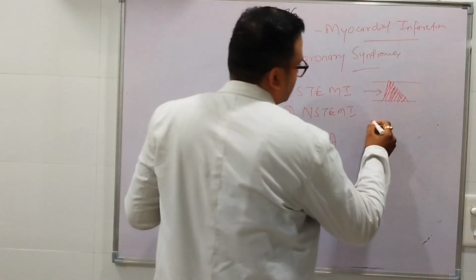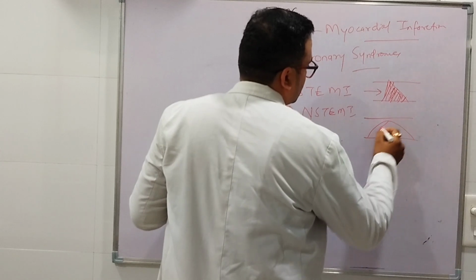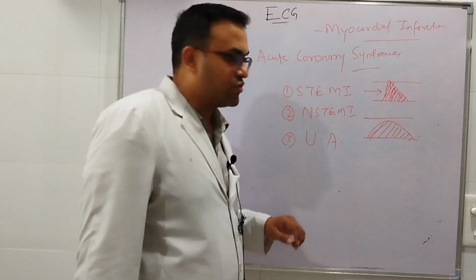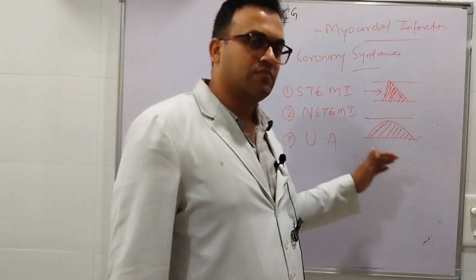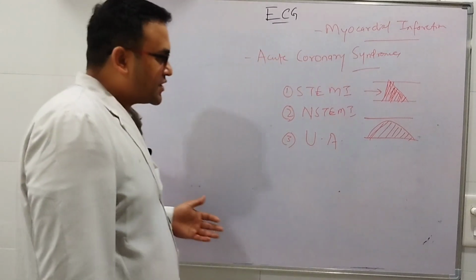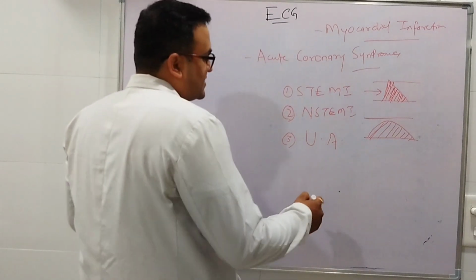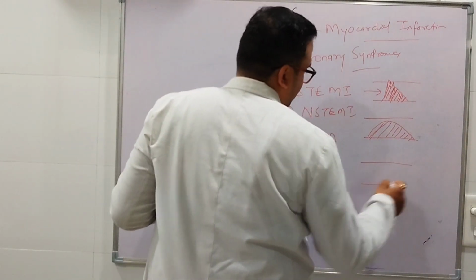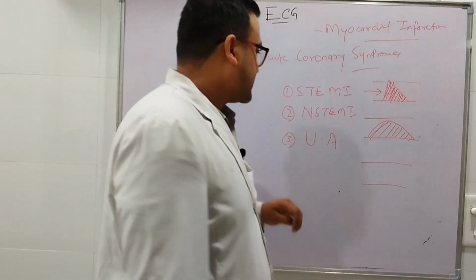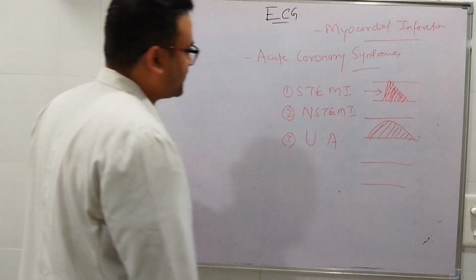In non-ST elevation MI, there is near complete occlusion, so we have to put a stent or give treatment to reduce this block. In unstable angina, as you know, there is vasospasm. Spasm of the blood vessels causes unstable angina or Prinzmetal's angina.